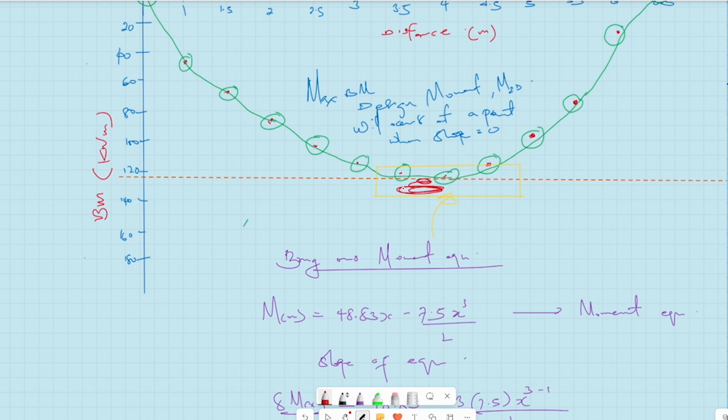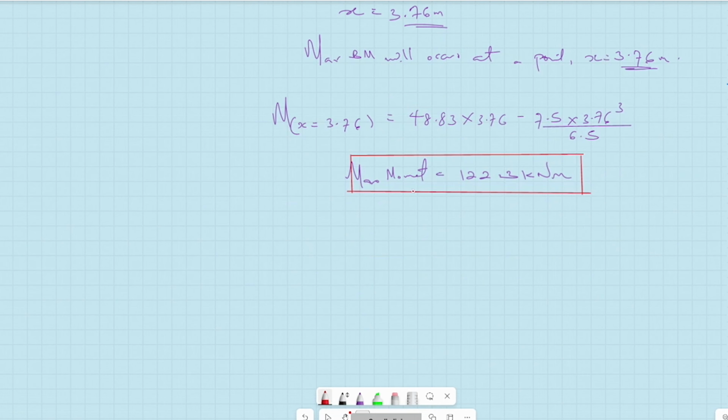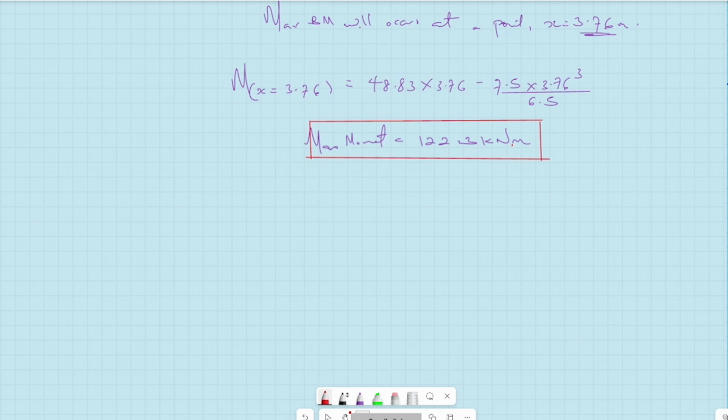That's where the maximum bending moment is happening. So now that we have our maximum bending moment, we use that as the design moment in order to get our area of steel required. Okay, I hope you are understanding.